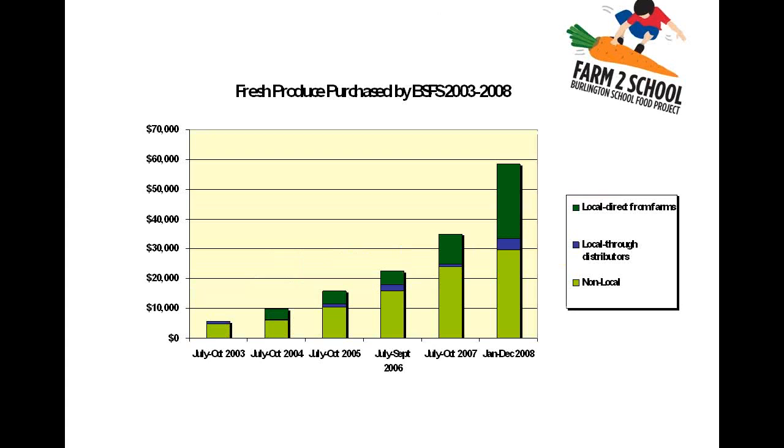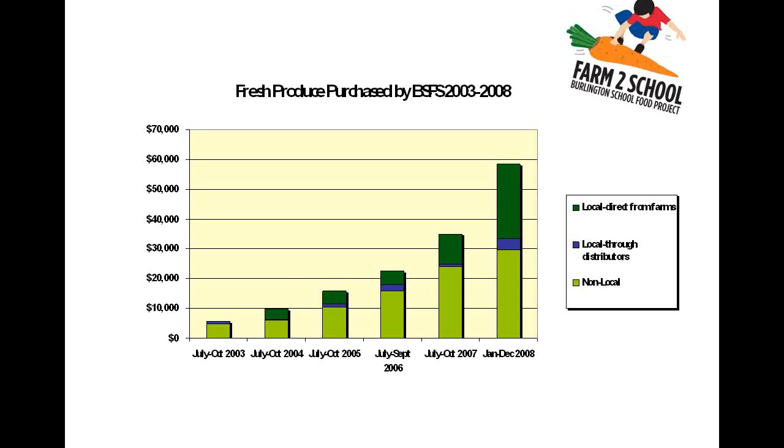Fresh produce has increased incredibly as well, as has our local direct from farm purchase. We work currently with 21 farms, and we are trying to honestly increase that blue slot, the local through distributors. We would love to have local farms deliver directly through our distribution channel for a number of different reasons: insurance, bids, delivery times, purchase orders, payment, all of that.